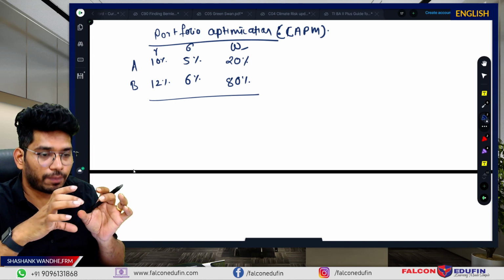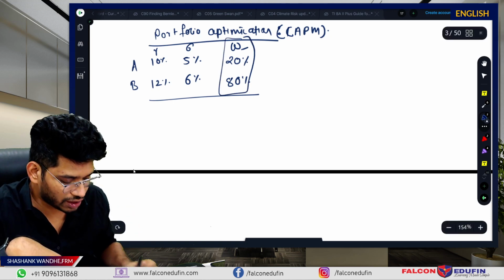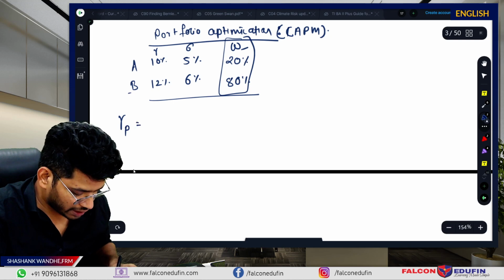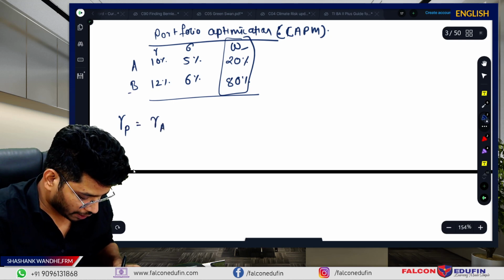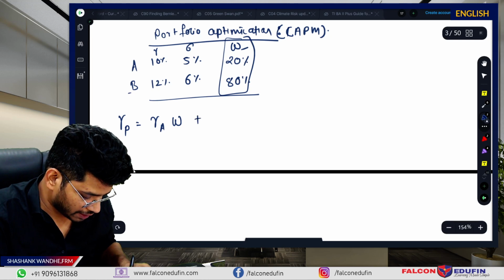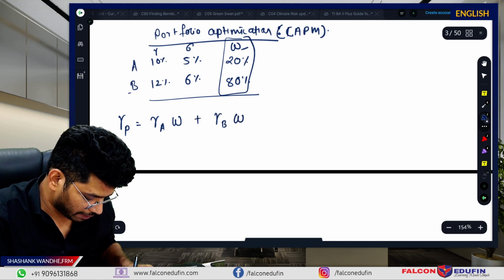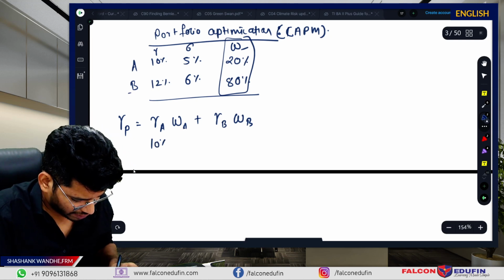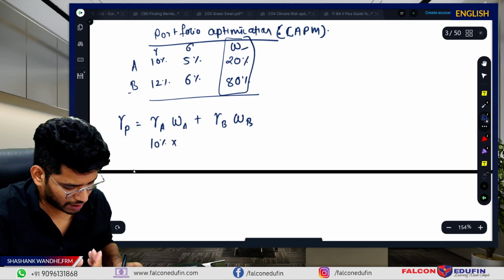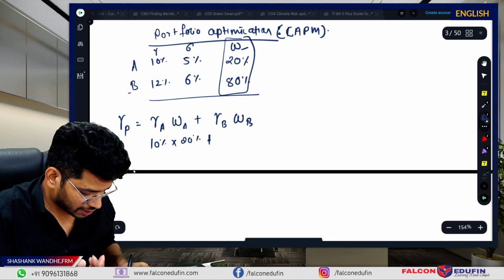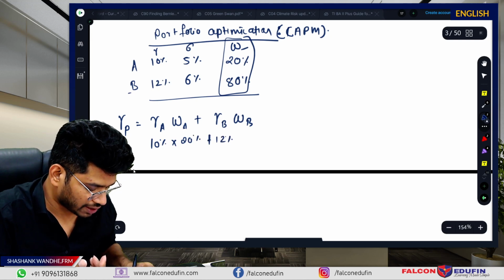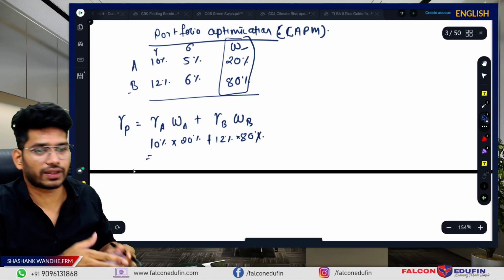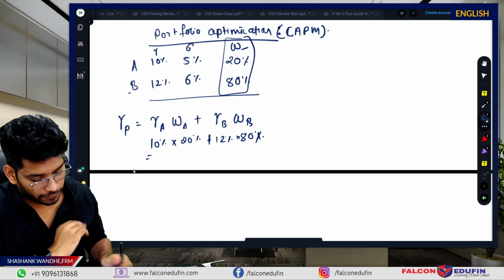You are going to construct the portfolio using these weights and assets A and B. So return of portfolio is equal to return of asset A multiplied by weight A plus return of asset B multiplied by weight B. Again, this is very simple. 10% is the return multiplied by 20%, plus 12% is the return for asset B, multiplied by 80%. Solve this and you will get the return of the portfolio.